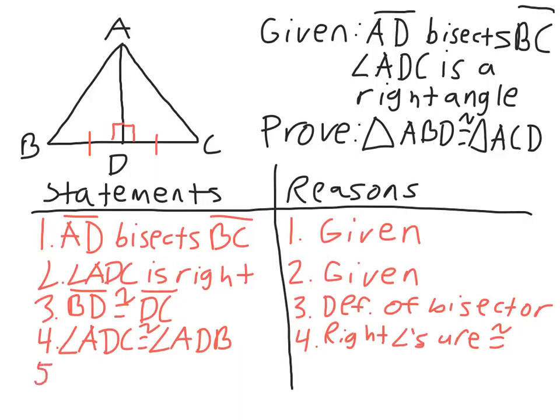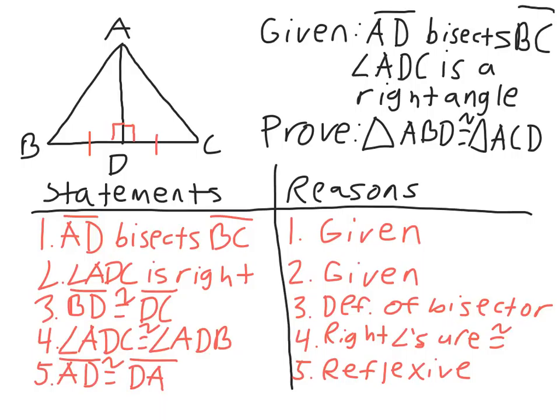So statement 5 is that AD is congruent to DA. It's congruent to itself. And to say that something's congruent to itself, you would say reflexive. It's the reflexive property.